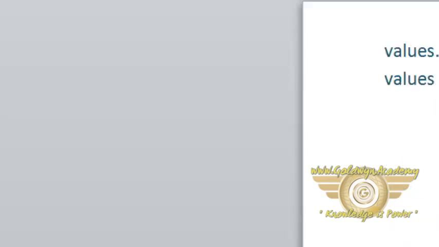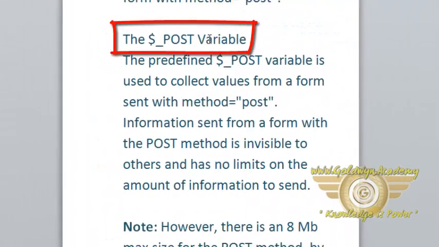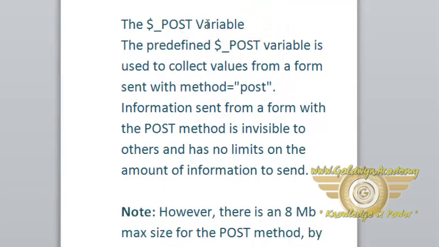Now let's see the post method. In PHP, the predefined $_POST variable is used to collect values in a form with method equal to post. Information sent from a form with the post method is invisible to others.